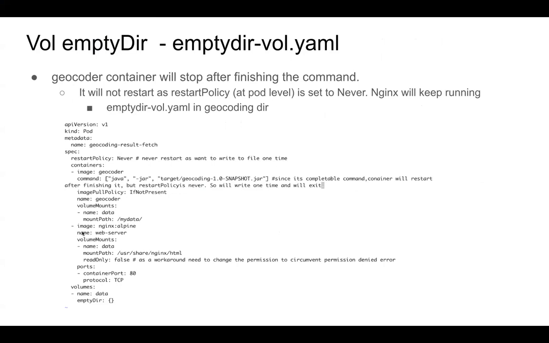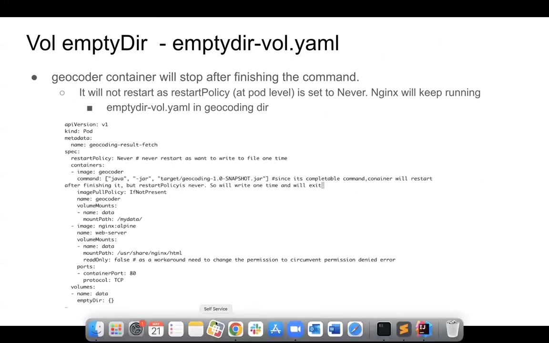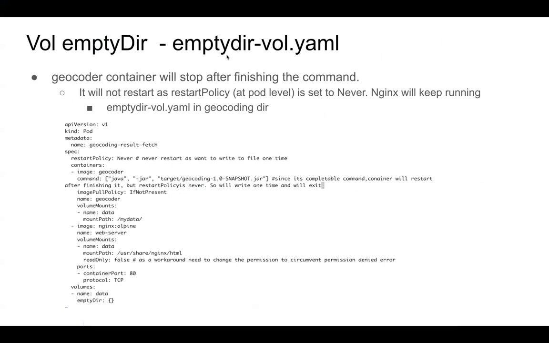The second container is nginx alpine. This is the nginx folder. The name is some web server, and the volume mount has the same data name. I'm mounting it on this path, /usr/share/nginx/html, which is a public path.